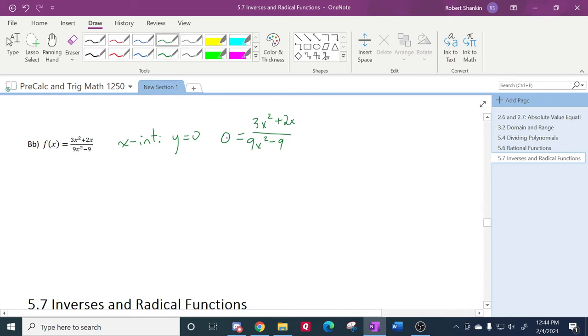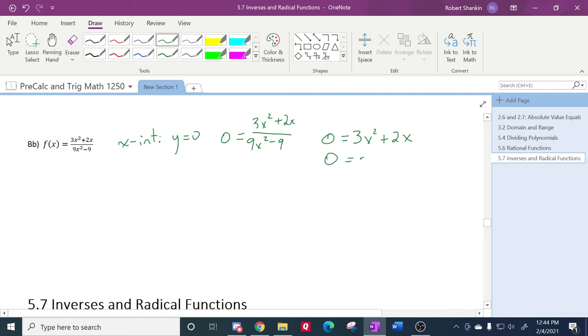A fraction will only become 0 if the numerator is 0. So we could multiply both sides by 9x squared minus 9 and that goes away, or we can just realize that this only happens when the top of a fraction is 0.